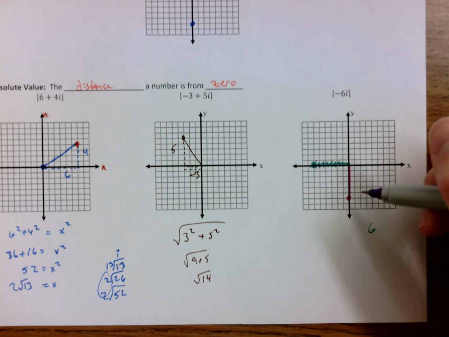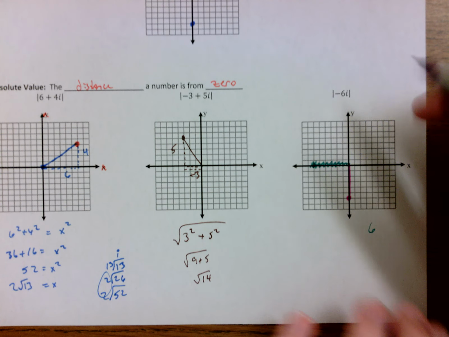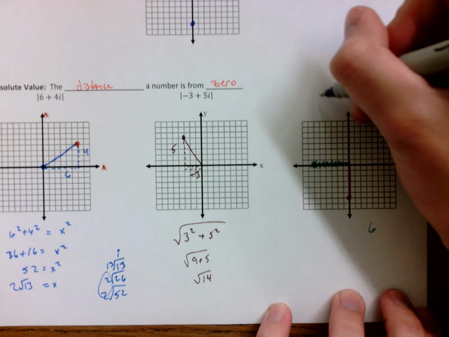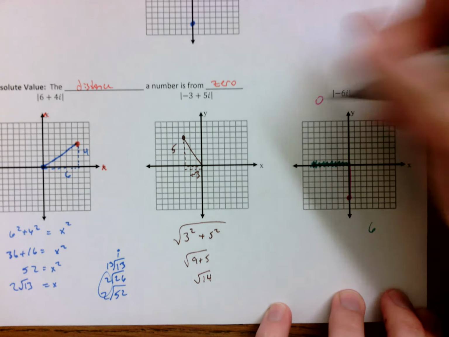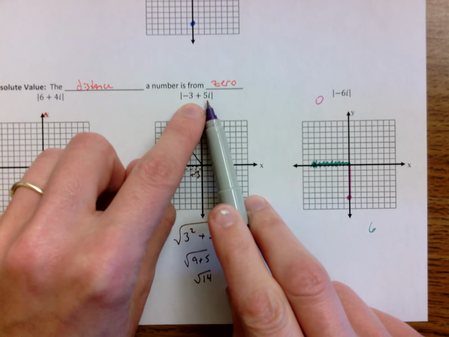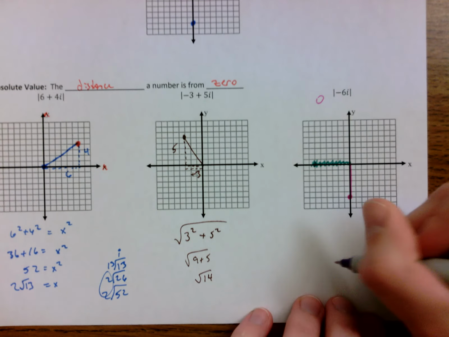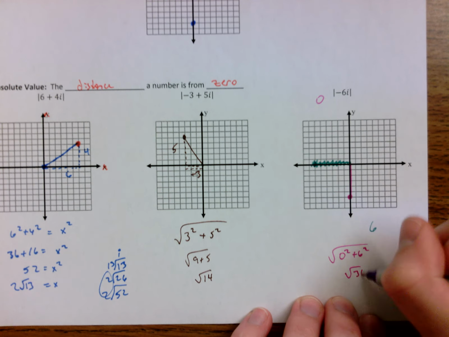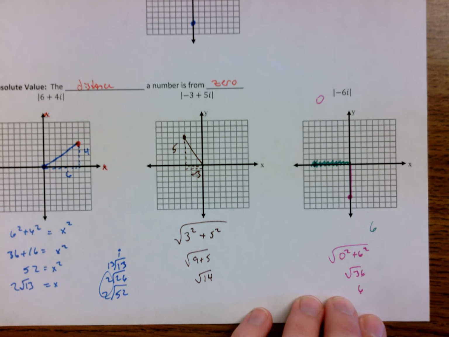Okay, so that's my distance, right? But if you wanted to look at this in terms of a point, you could look at this like it's 0, right? That you've got 0 for your real part. And what we've basically been doing is squaring the real part, squaring the imaginary part, and then square rooting it. So you could look at this and say, oh, well, that's 0 squared plus 6 squared, which would get you to the same place. Okay?